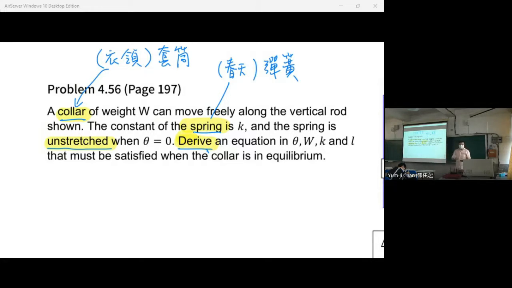So unstretched means before being made longer. Being long is stretched, so unstretched is without stretching.